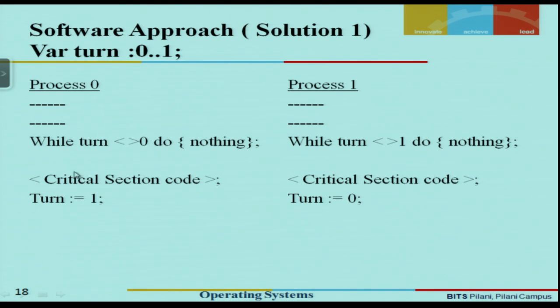So it goes and executes, and after executing the critical section, it marks the turn equal to 1. As soon as it marks the turn equal to 1, process 1 is able to execute. So we find that when one process is executing in the critical section, the other process is not able to get inside. So mutual exclusion is guaranteed, that is, the critical resource is executed in a mutually exclusive manner.